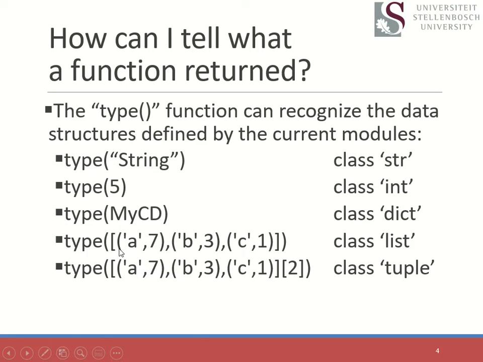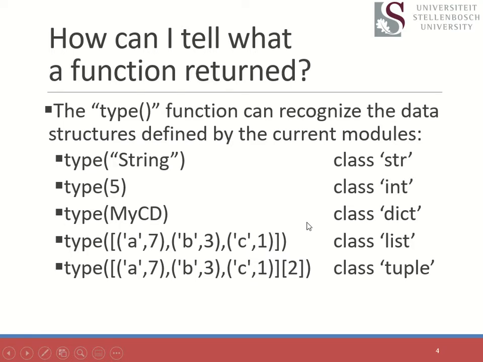Because it's a list of this first parenthetical stuff, the second set of parenthetical stuff, and the third set of parenthetical stuff. So we have a structure within a structure here. The list is a list of pairs of things. So we have a key A matched with a value 7, a key B matched with a value 3, and a key C matched with a value 1.